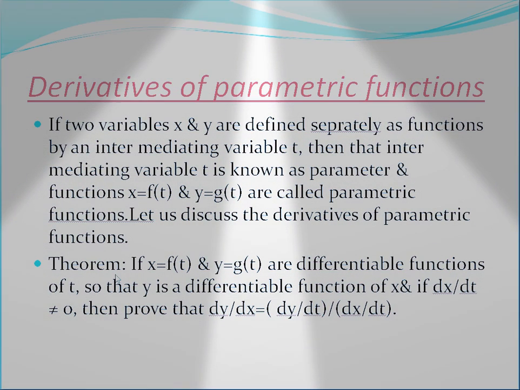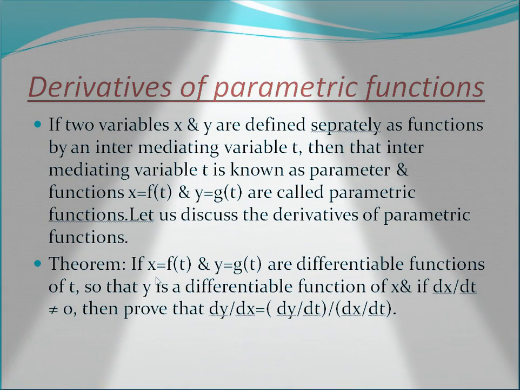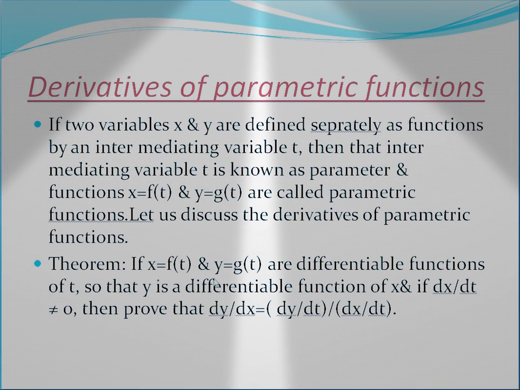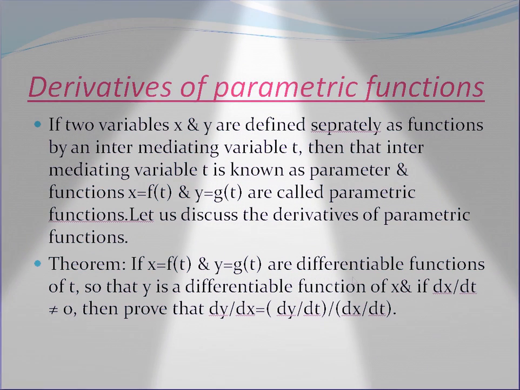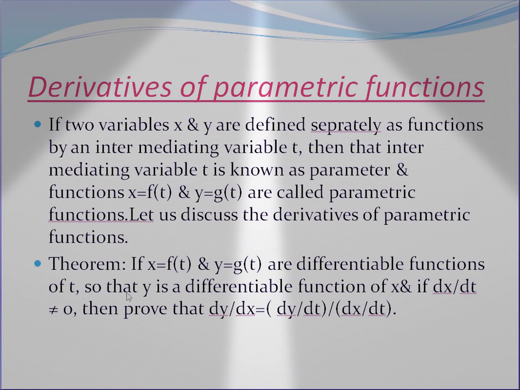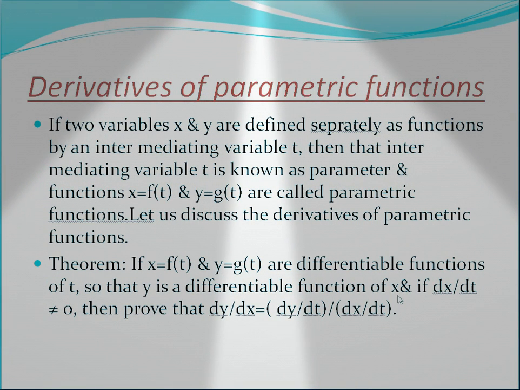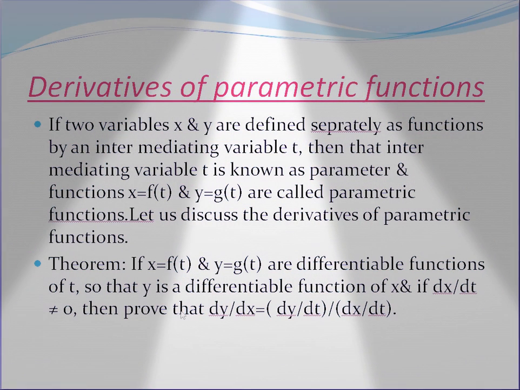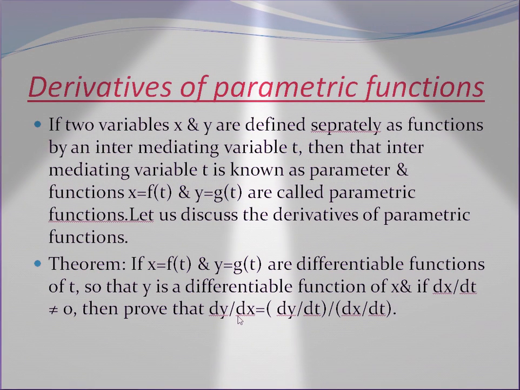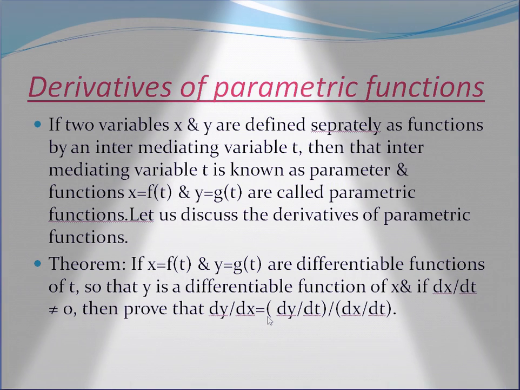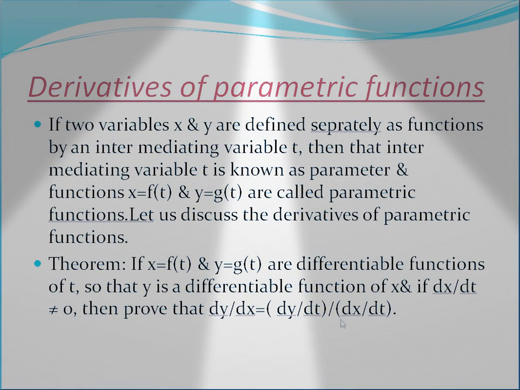By theorem, the statement of the theorem is: if x equal to f of t and y equal to g of t are differentiable functions of t, so that y is a differentiable function of x, and if dx upon dt is not equal to 0, then prove that dy upon dx equals dy upon dt upon dx upon dt.